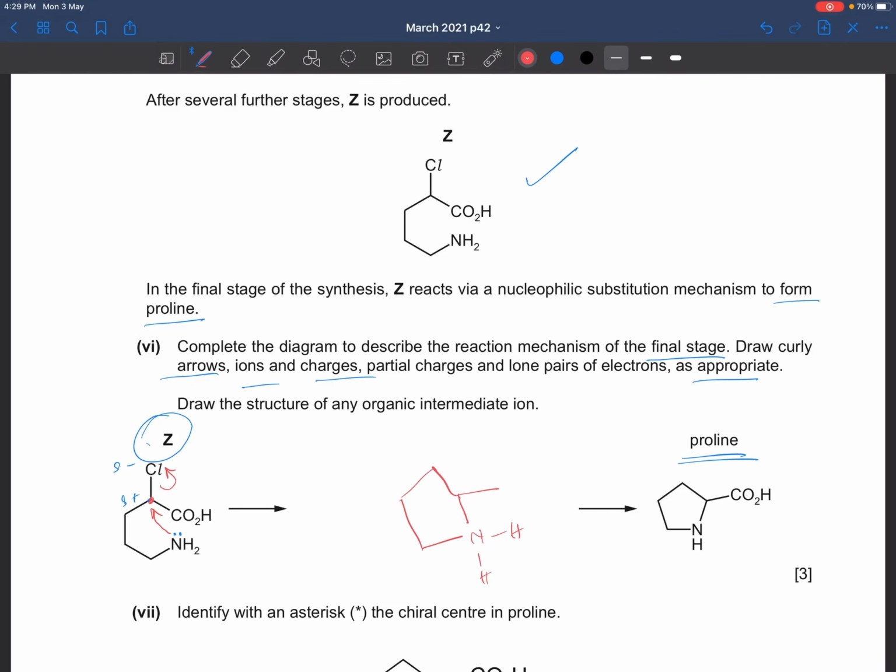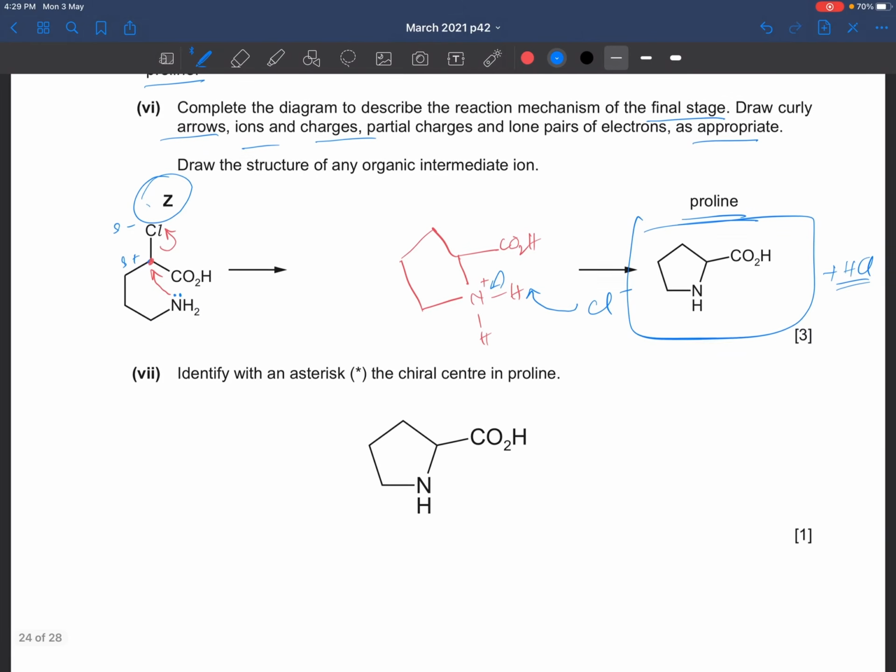And Cl is lost. So this is CO2H and Cl is lost. Nitrogen would gain positive charge and we have this Cl negative, and then this Cl would attract hydrogen and these two electrons would move to N, and then we get the final structure. Plus we have HCl, no need to write HCl. Just to give you complete information, I have written it down here.